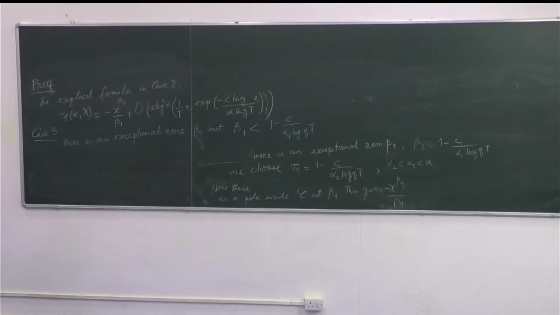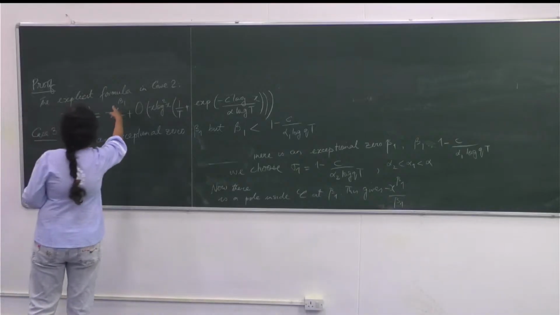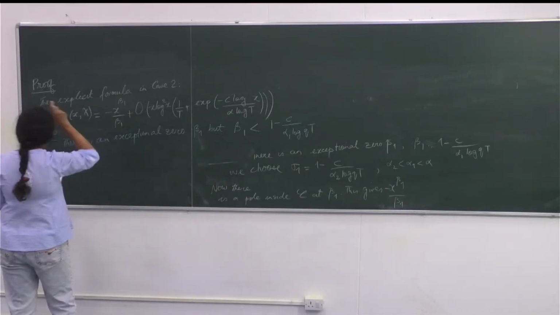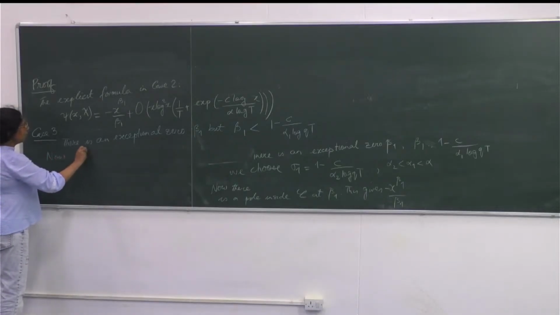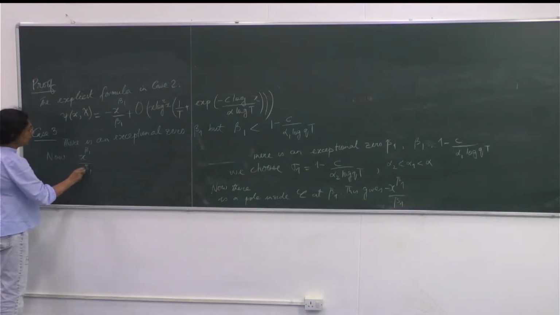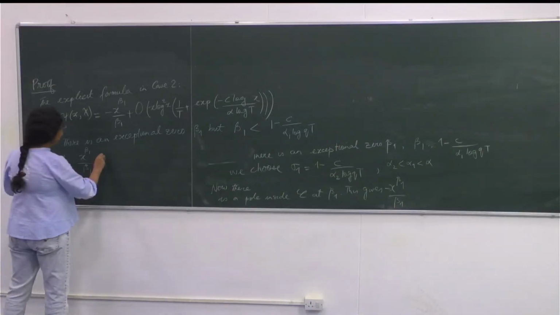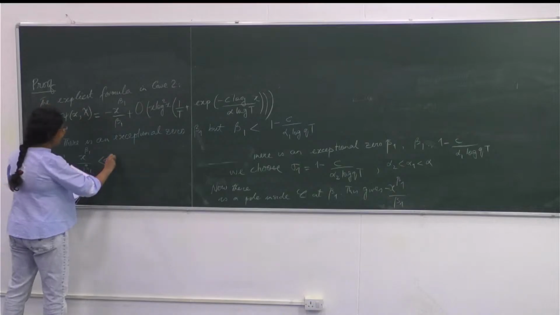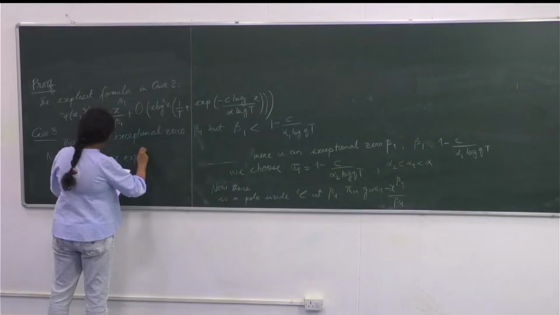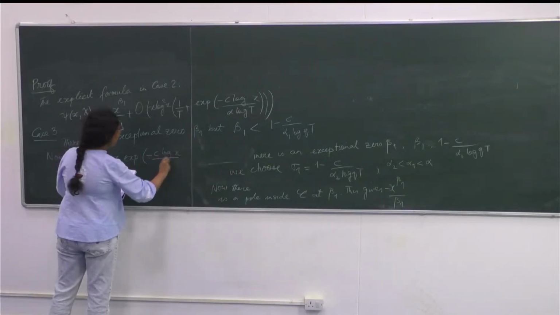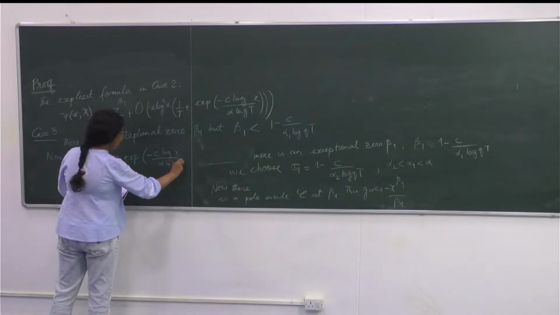And this time what is going to happen, so it's this term, yeah, x to the power beta 1 by beta 1. So now x to the power beta 1 by beta 1. So this is what you have to bound. This is going to be less than x exponential minus c log x alpha log t.